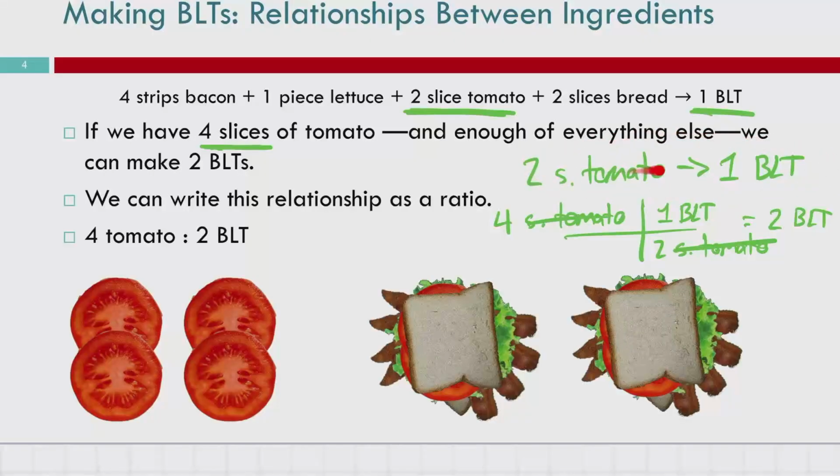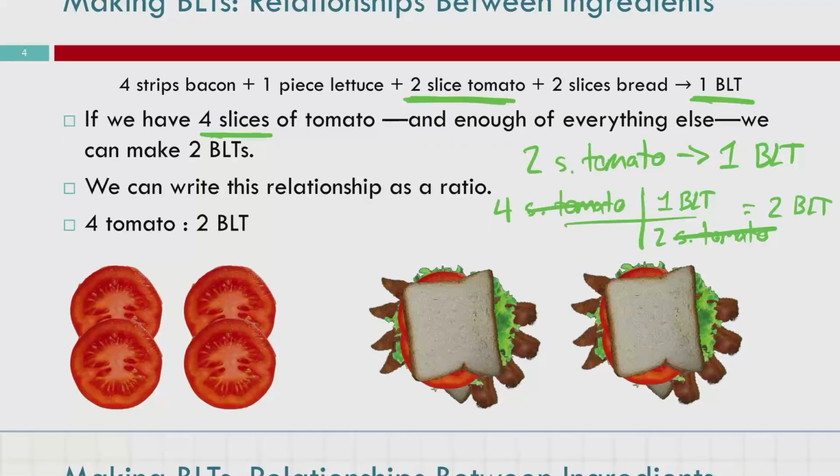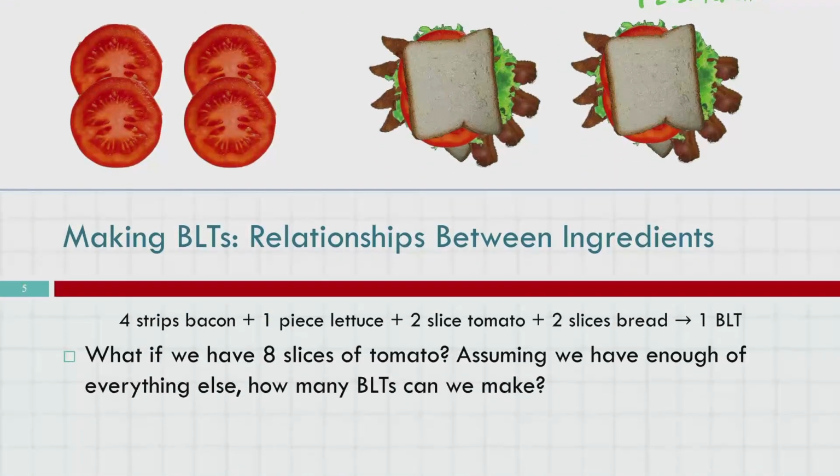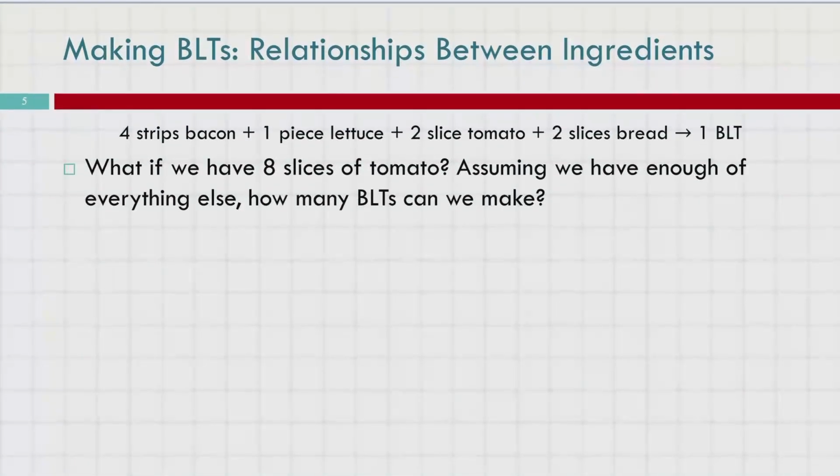We turn this into a conversion factor, the one we have goes on the bottom, the one we're going to goes on the top. And we can calculate our BLTs. That's how we cancel out the units of tomato in this case. In future stuff, we're going to be canceling out chemicals. This is the way that we cancel out chemicals.